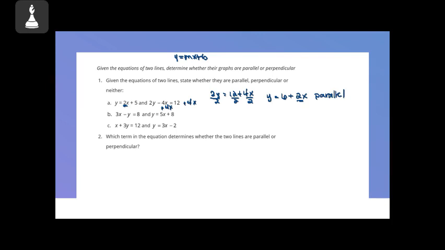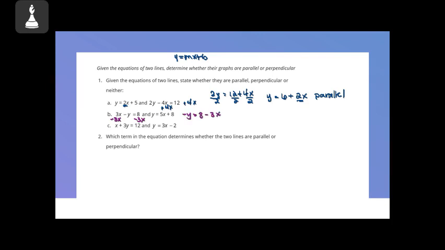In B, our first one is not solved. 3x minus y equals 8. I'm going to need to solve that for y. So I first need to get rid of that 3x. I'm going to subtract 3x from both sides. Gives me negative y equals 8 minus 3x.